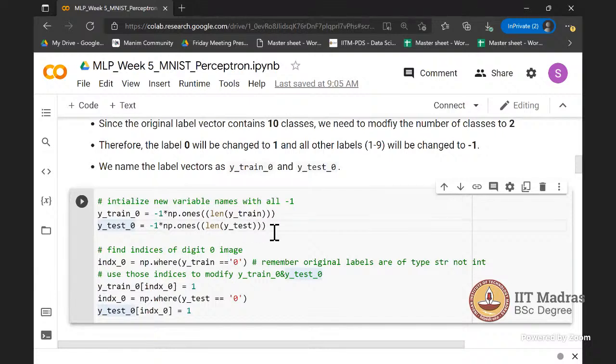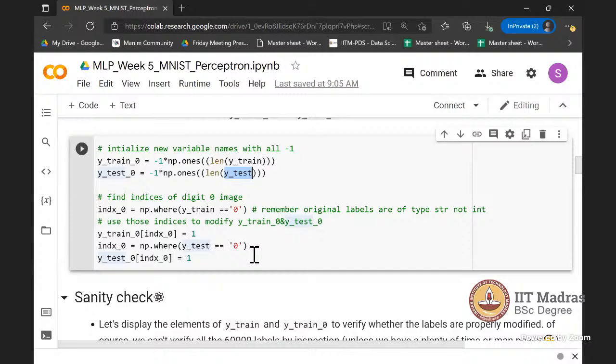So first of all, we are going to create the placeholders. Right now we are not assigning anything. We are creating two new label arrays, ytrain0 and ytest0, of the same size as ytrain and ytest respectively, and marking them -1, so for now everything is not 0.